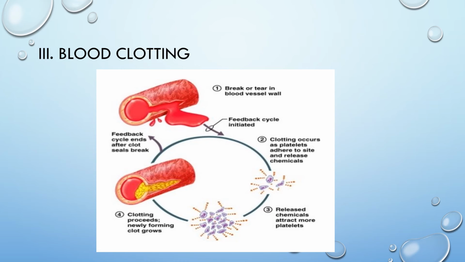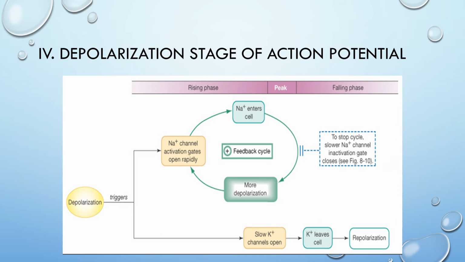So when the chemicals are released, they will attract more platelets to bind to the damaged site until the clotting process is complete and forms a seal over the break or tear. So the positive feedback mechanism will be enhanced until there's no more stimulus to continue the positive feedback mechanism.